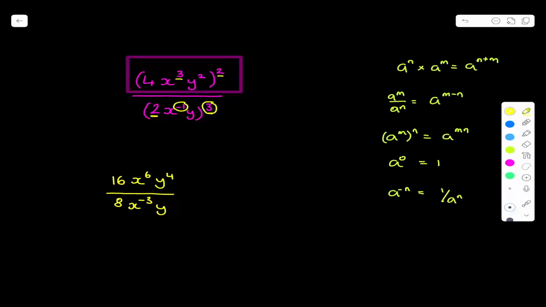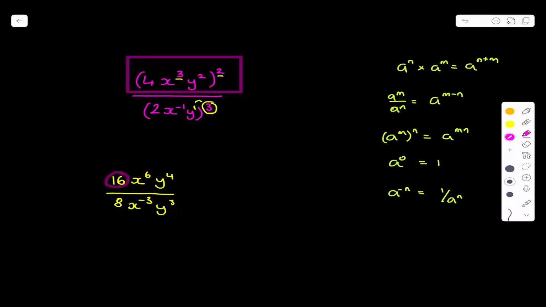And the y, if there's not a value there, it means there is a 1. Just erase all my annotations so it is a bit clearer. So if there's not a value here, it means there's a 1. So you're going to do 1 times the 3, which gives me 3. Perfect. Okay, on to the next step.